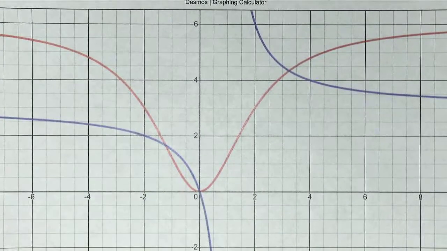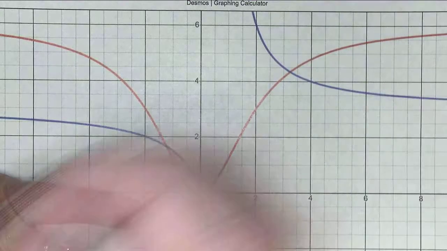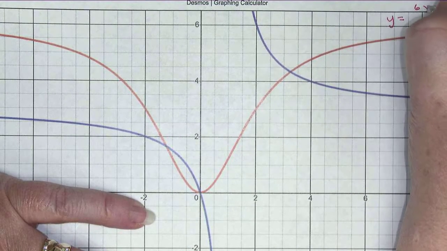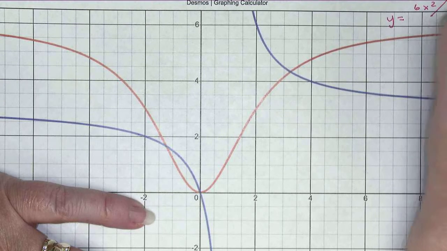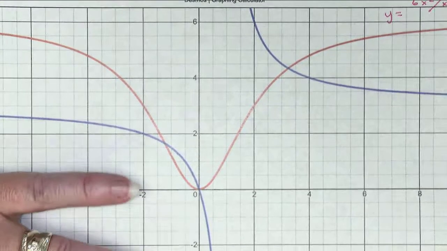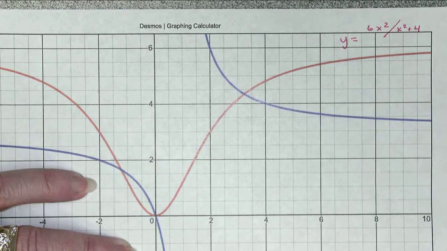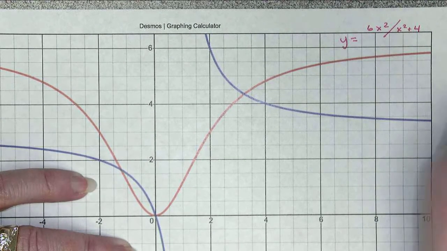Okay. The red one was the left-hand side. That was our 6x squared over x squared plus 4. And the blue one was the right-hand side. That was our 3x over x minus 1.